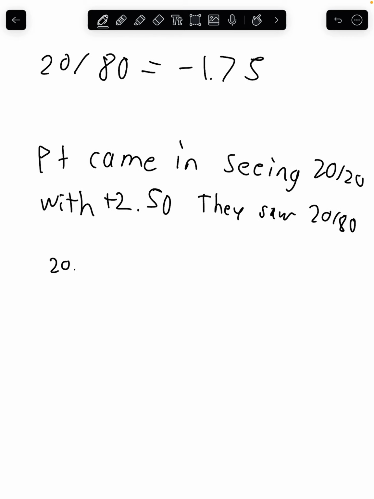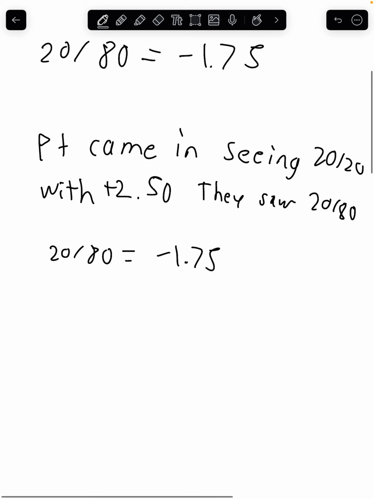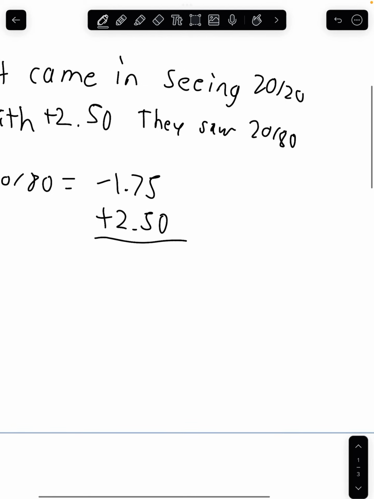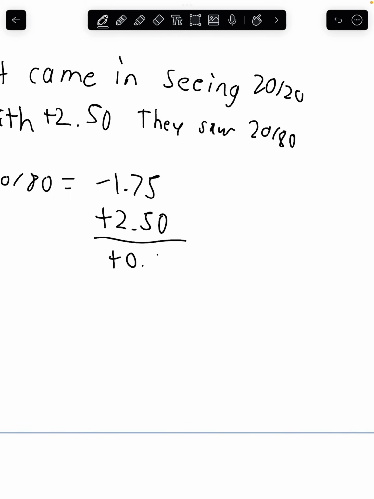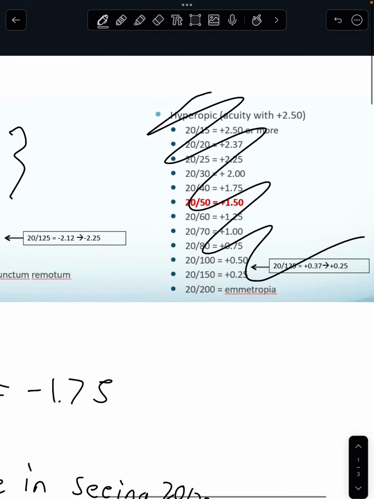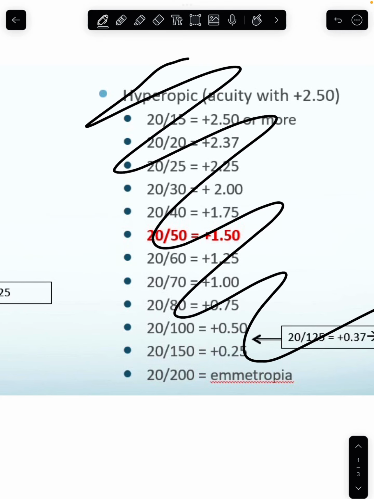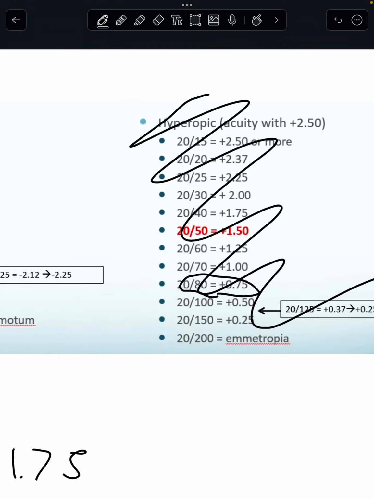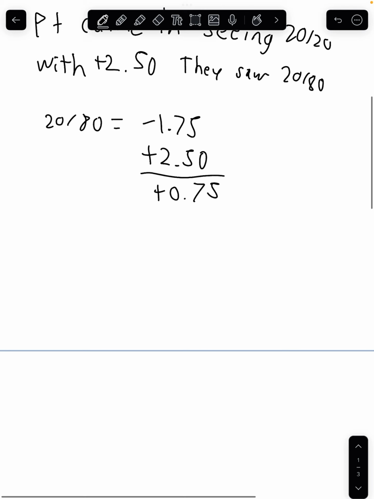So we know 2080 is minus 1.75, and they're wearing the plus 250s. So if we just combine them, we get plus 0. Sorry, I did my math wrong. Plus 0.75. And if we go up here, we can see that that's correct. So we can do that for all of them.